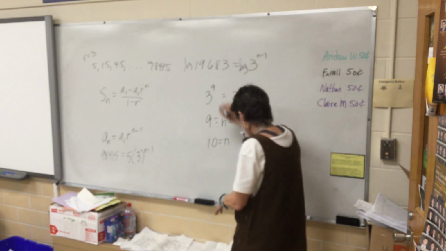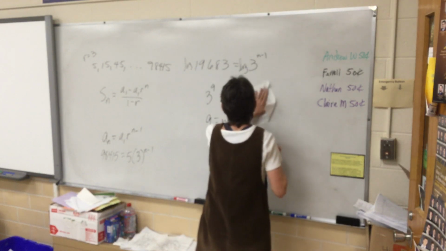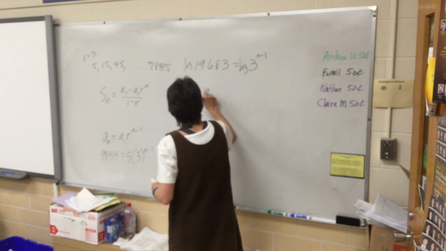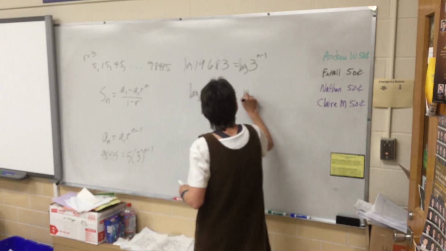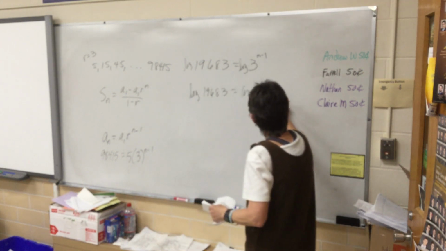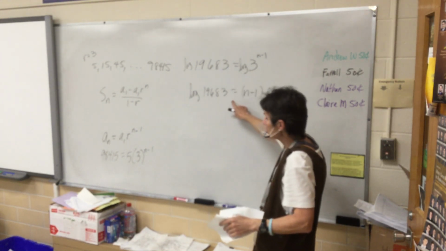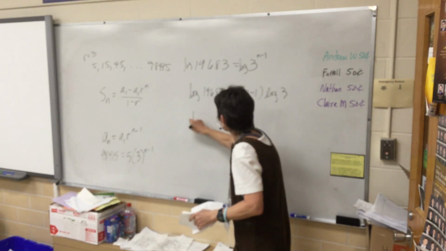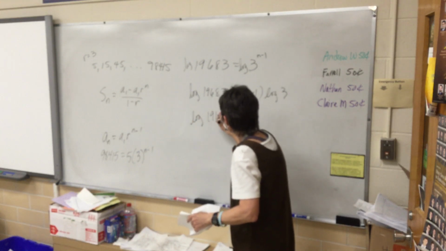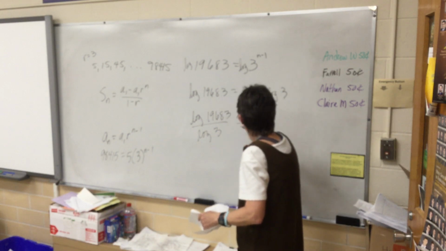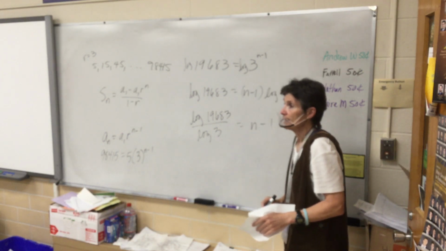And when you pull your exponent off, then you'll take the log of that number divided by the log of this number. And add 1.